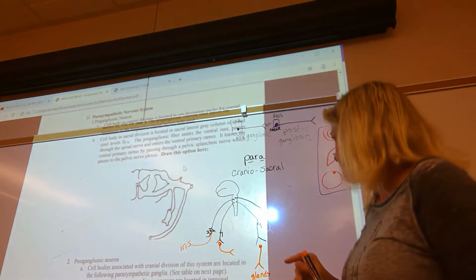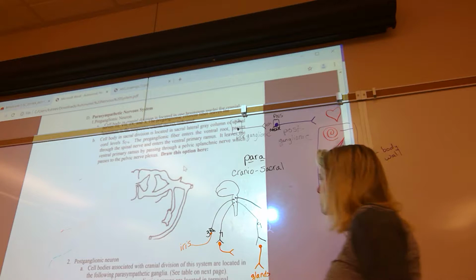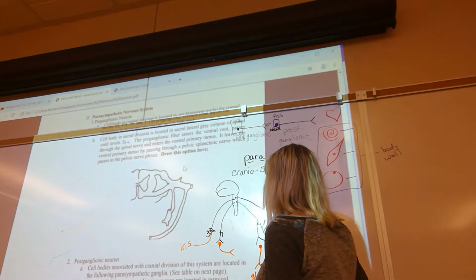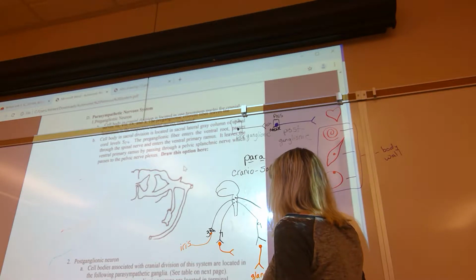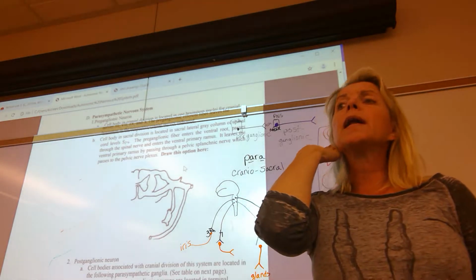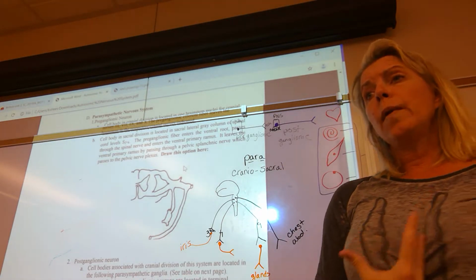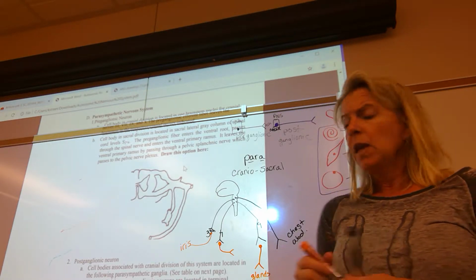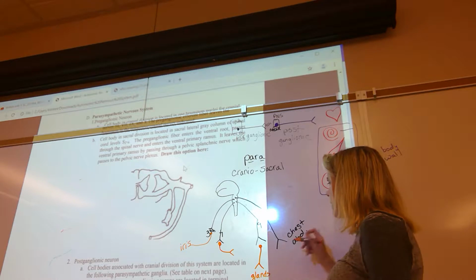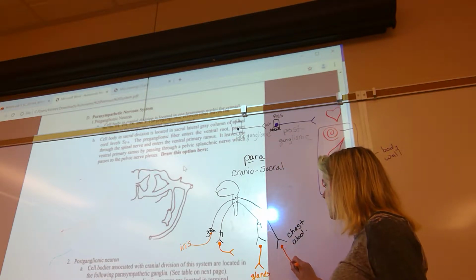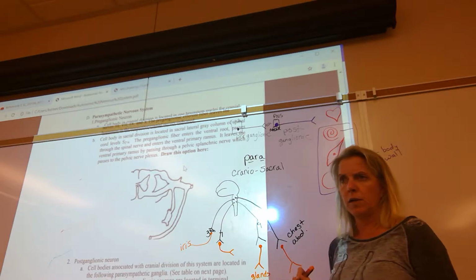Cranial nerve 10 extends a long way. Cranial nerve 10 can go to your chest, it can go to your abdomen. It is the only cranial nerve that extends from your brain that can go all the way down to your gut. It is still a preganglionic neuron, and it's still obeying the 2-neuron rule. It's going to synapse with a postganglionic neuron.